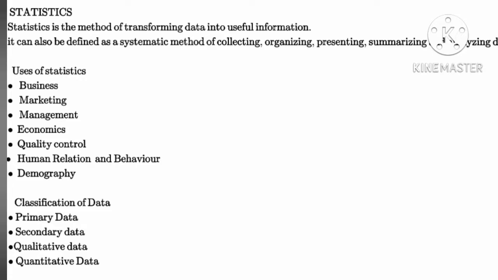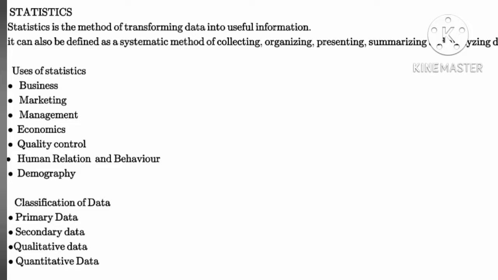Alright guys, in this video we'll be checking statistics. Statistics is a method of transforming data into useful information. It can also be defined as a systematic method of collecting, organizing, presenting, summarizing and analyzing data.